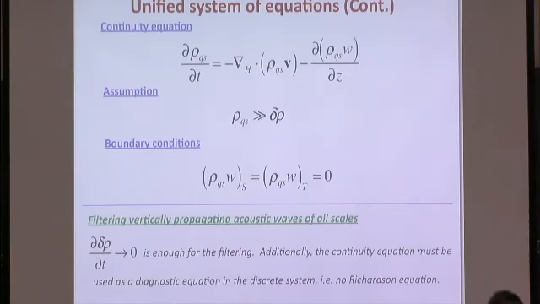I don't know if everybody is familiar with the Richardson equation, but what it does is it predicts density and it predicts potential temperature, and it says these two predictions have to match each other because of the state relation, and then it finds a W matching them. We think that it is a very cumbersome way of doing it, so we avoid the Richardson equation in the unified system in the height coordinate.